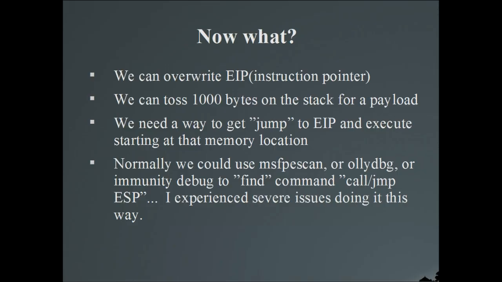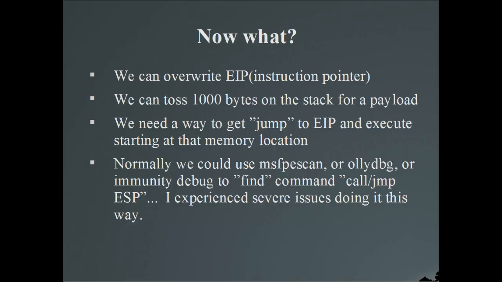Because if you just run it as it is and you stick random numbers in EIP, it's just going to crash, or it's going to come back with some error saying, I don't know, segment, page, fault, whatever kind of weird thing it's going to be. Well, in assembly language, there's something called jump. Jump starts executing code at the register or whatever memory address you give it.